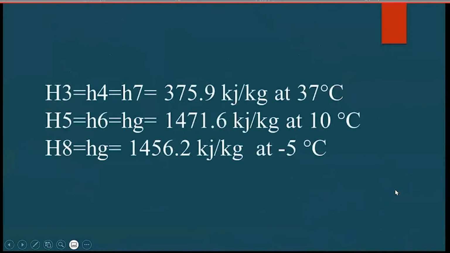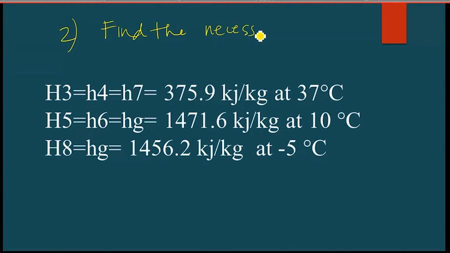Now, I think we're clear with that. The next step is to find the necessary properties, meaning the ones involved.